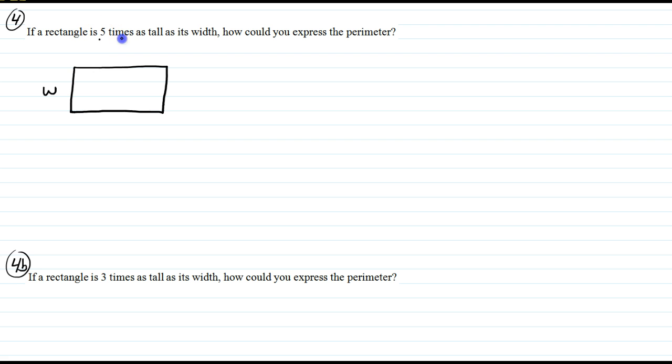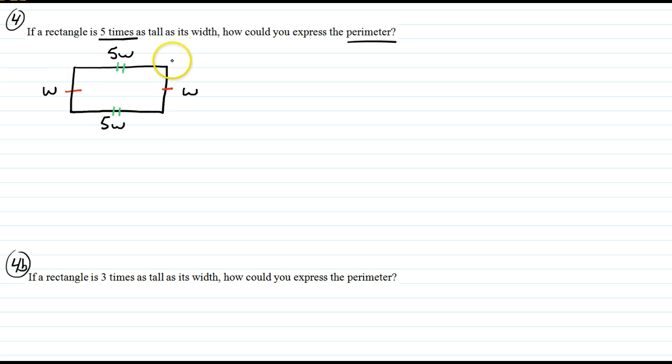And so it's 5 times as tall as it is wide. So it's just going to be a 5w. And so since it's a rectangle, that means its opposite sides are congruent. So we also know that this is w. And that would make this opposite side here also 5w.